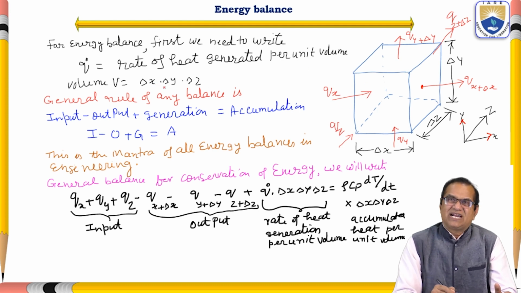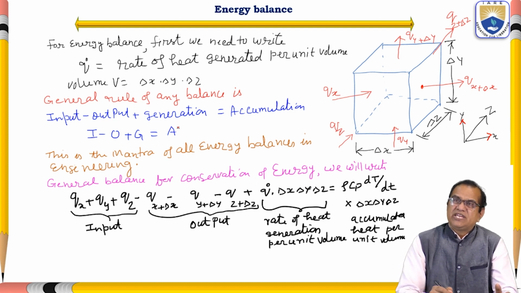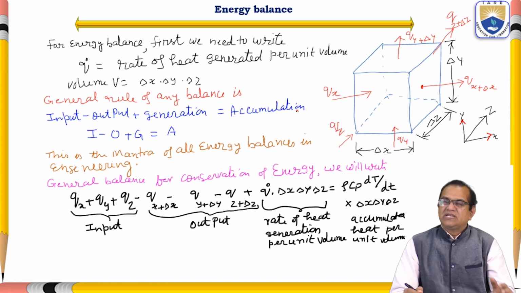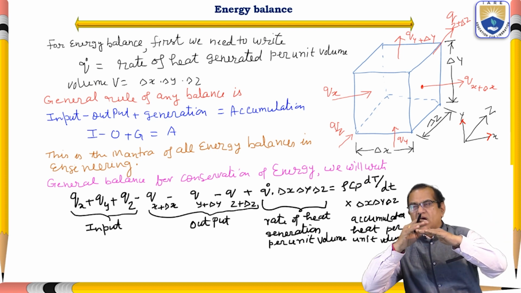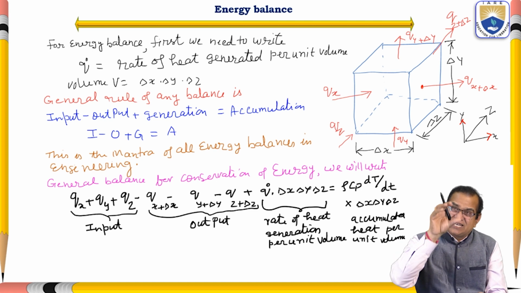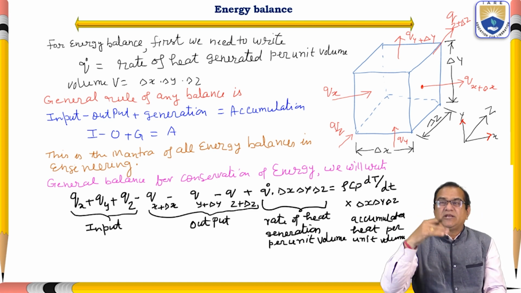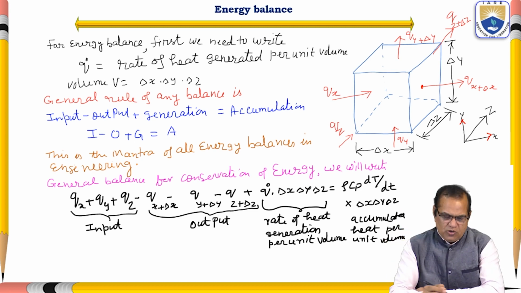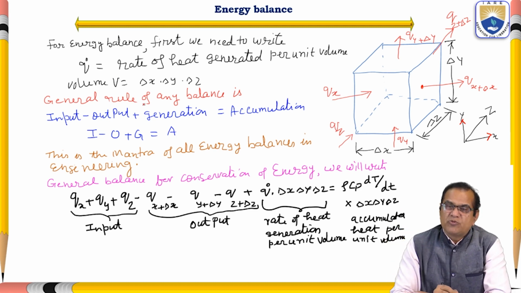The general thumb rule of any balance is input minus output plus generation is equal to accumulation. It means how much is entering, minus how much is leaving, plus how much is generating. This generation will be plus or minus: if it is generating it is plus, if it is reducing it is minus. So input minus output plus generation is equal to accumulation.